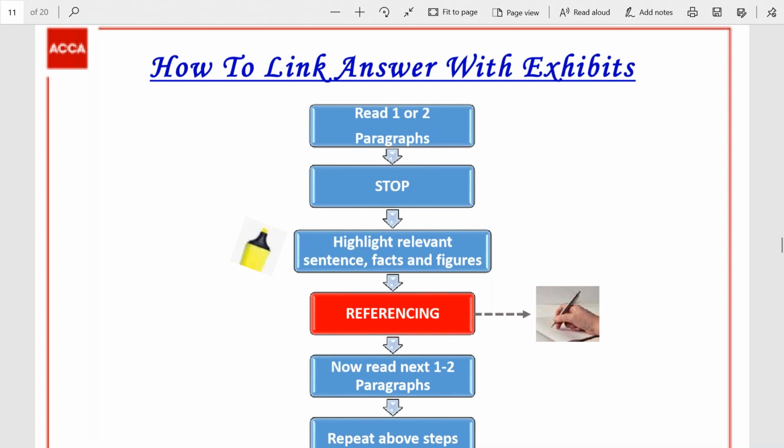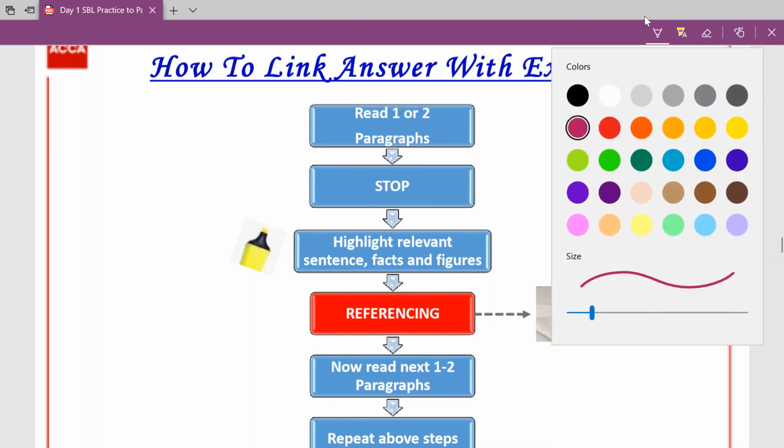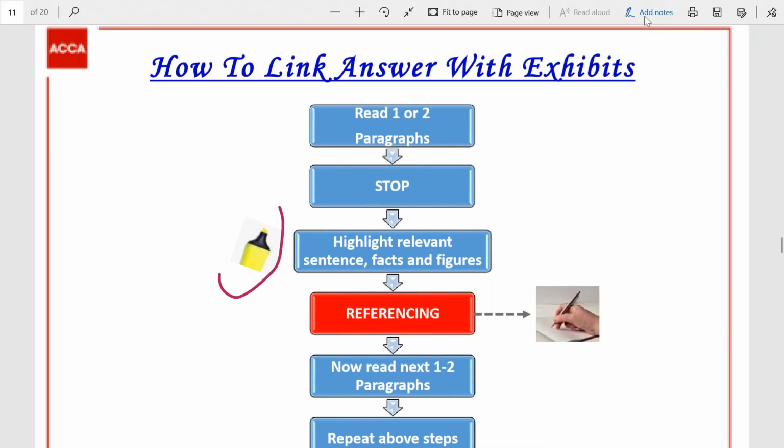Now, the most common question I receive here is, are highlighters allowed? Absolutely yes. Highlighters are allowed in the SBL paper. In fact, a couple of attempts back, the global prize winner student scored somewhere in the 80s, 85 or 86 in SBL. I was shocked myself.